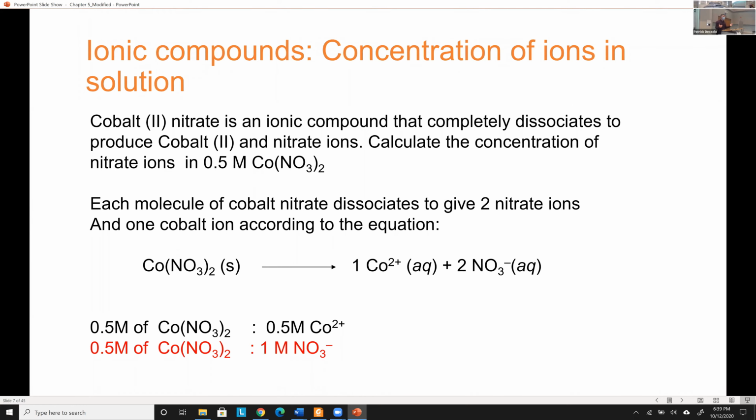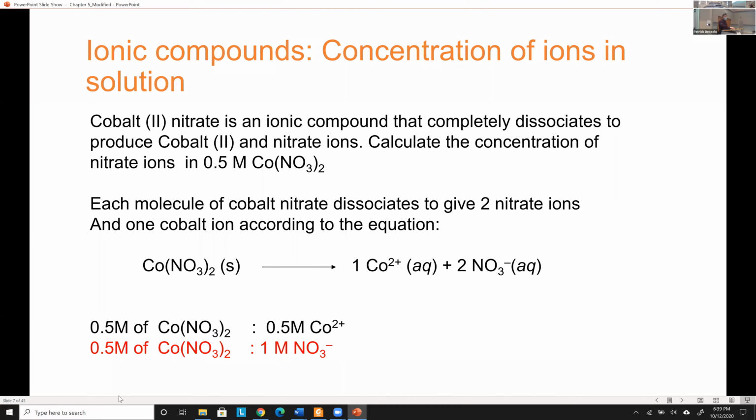Some salts could have up to 5 ions, I think, even more really. The point is it's not always a 1 to 2 ratio like NaCl.